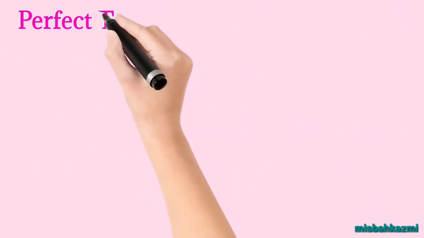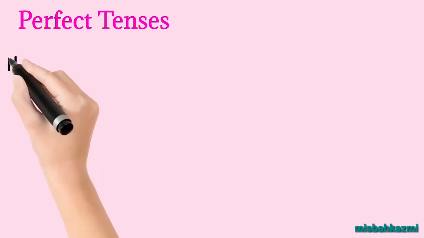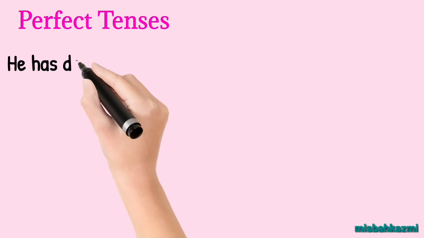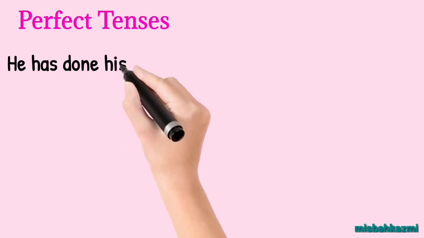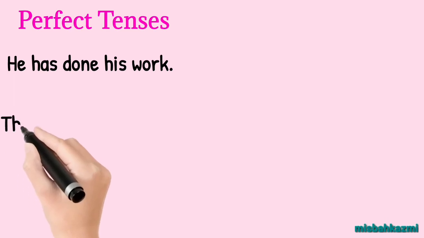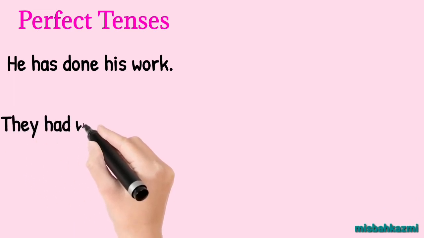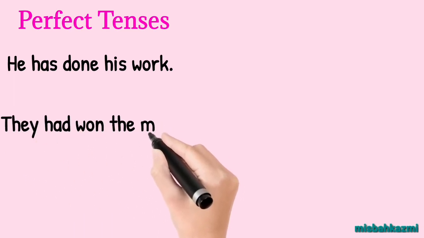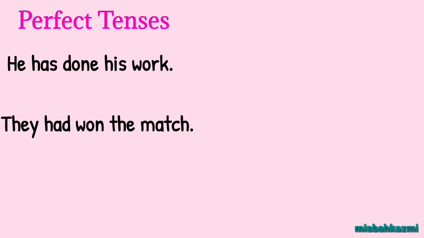Now we will move toward the perfect tense. So here are some examples. He has done his work. This is present perfect. They had won the match. This is past perfect.